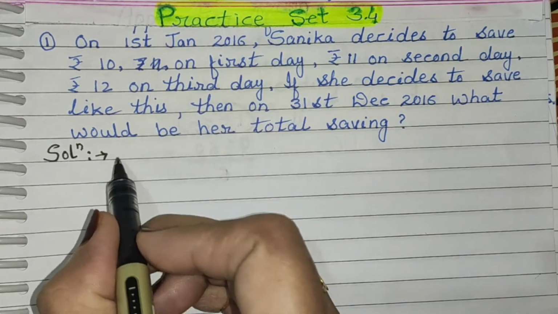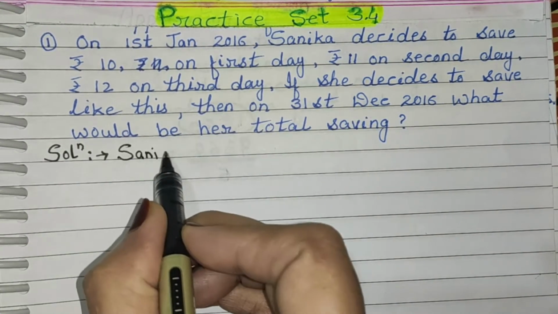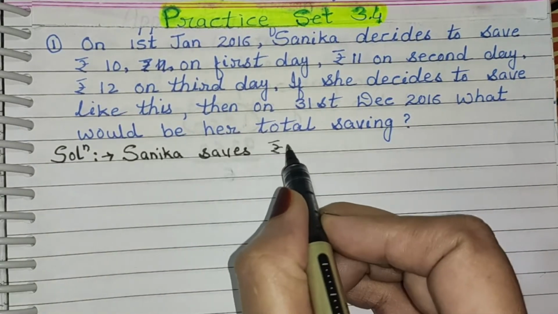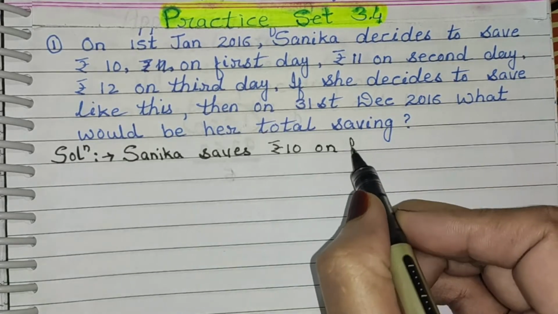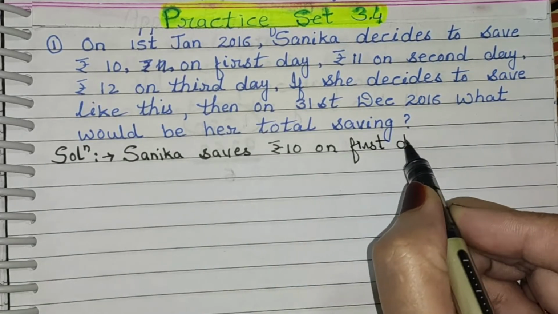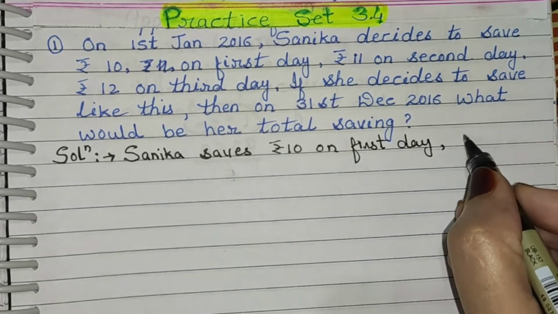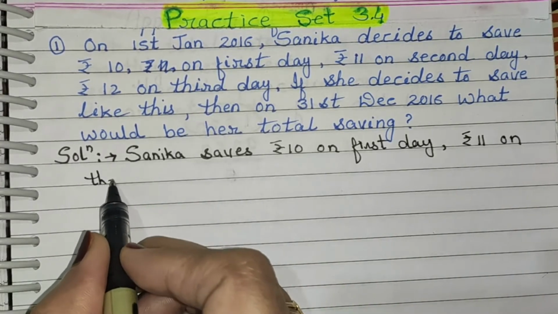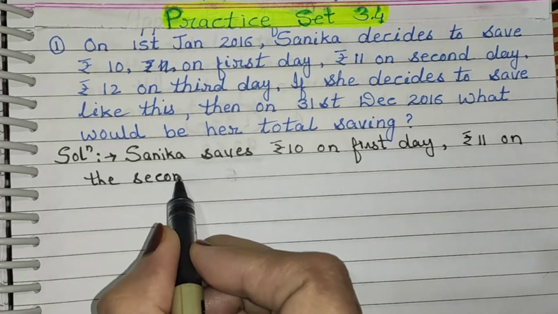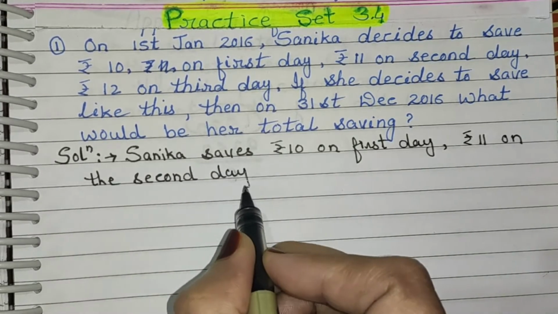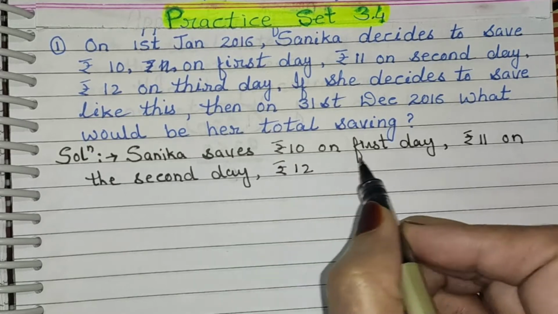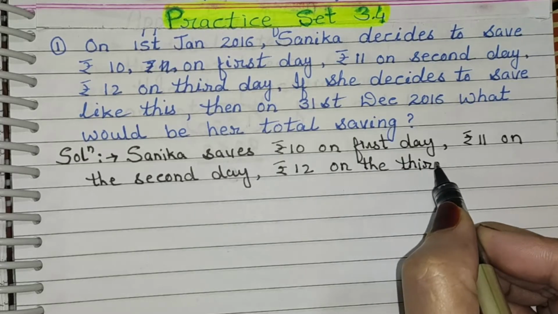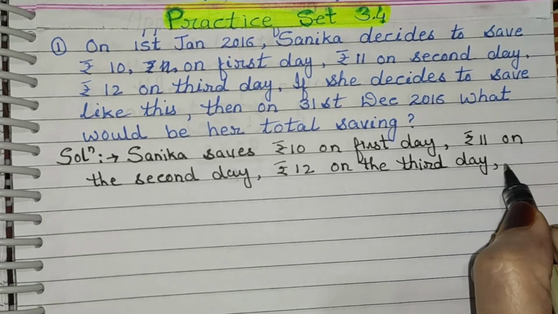Now, Sanika saves rupees 10 on first day, rupees 11 on the second day, rupees 12 on the third day, and so on.